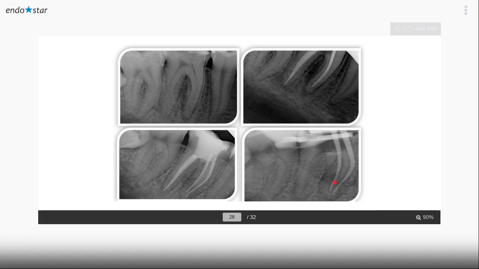So at this point, I decided to go for a smaller file, which is not resistant to forces, especially in the apical third, but at the same time can go around the curvature, which is 25 taper 4, not taper 6. So it was very easy for the 25 taper 4 to go with no force or pressure from the tooth structure on the file, because the previous file was 25 taper 6.